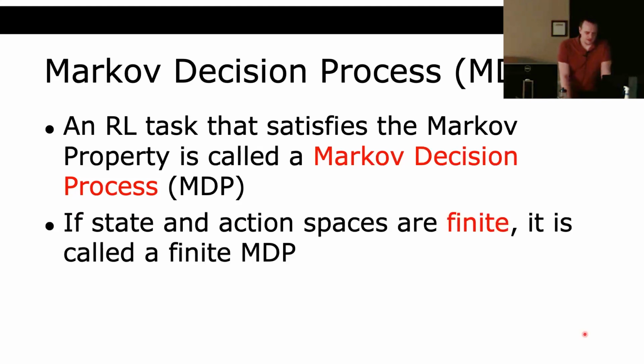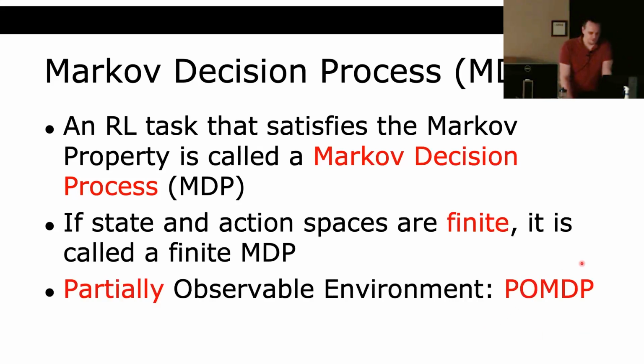So if state and action spaces are finite, finite meaning we've got some limited number of things that we can do at each state, like a chess game or something, then this is called a finite MDP. And MDPs can also be used in partially observable environments. And so a partially observable Markov decision process is called a POMDP. So that's why it's called that.